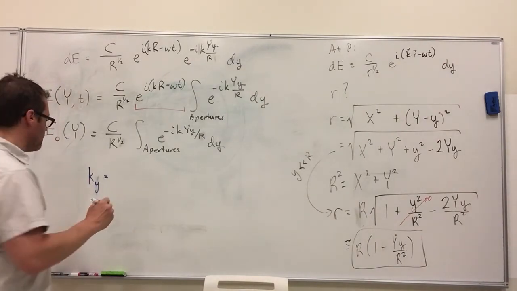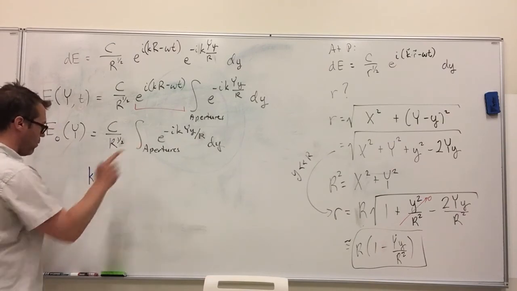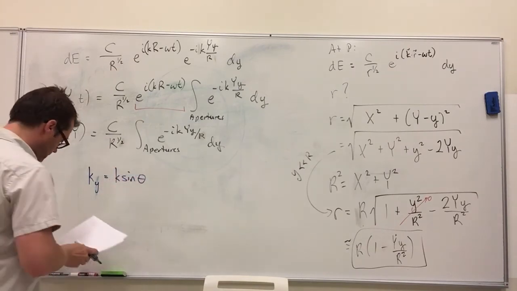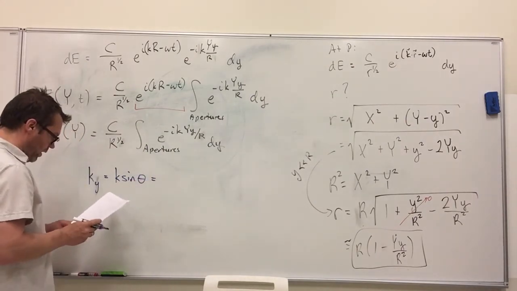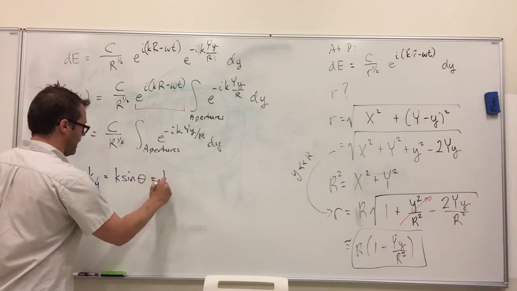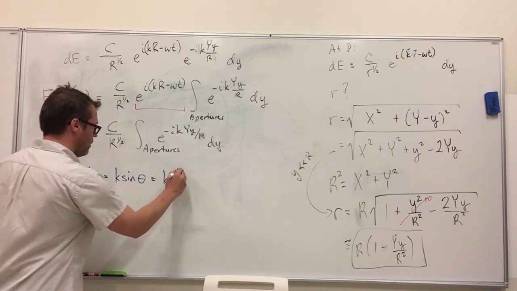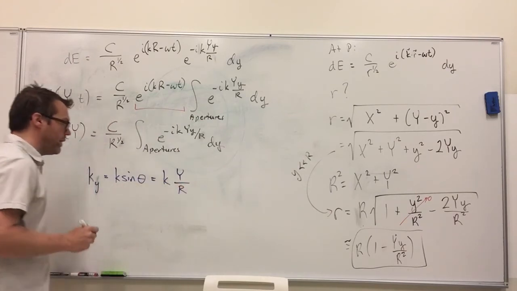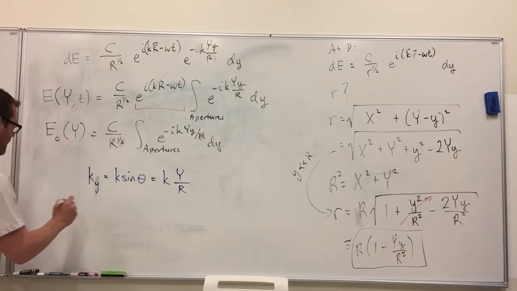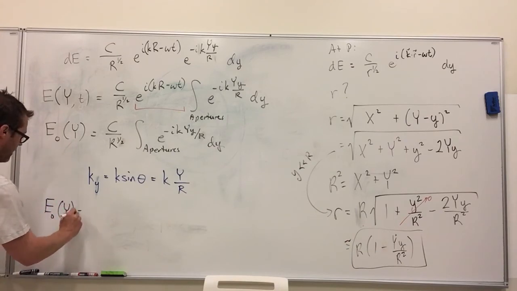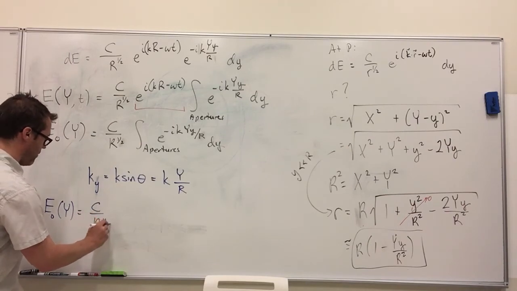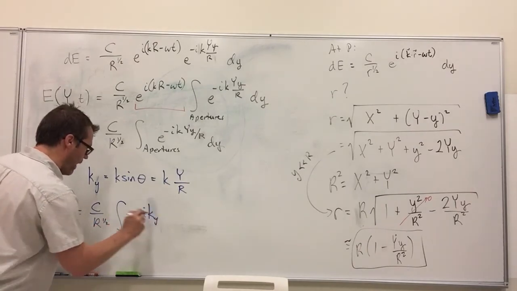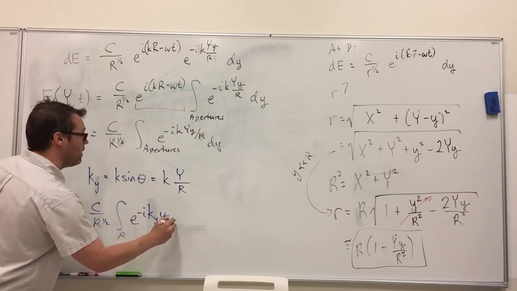If you look back at the original picture that I drew, you can pretty clearly see that k sub y, the y component of my k vector, is going to be k times the sine of the angle theta that I defined, which is very close to being, well, actually no, it's exactly equal to being, the sine of theta winds up being big Y, the distance along the screen, divided by big R. And if I do that, then I can rewrite this one more time, that the amplitude at an arbitrary point y on the screen is going to be C over R to the 1/2 times the integral over all my apertures of e to the minus i k sub y, y dy.